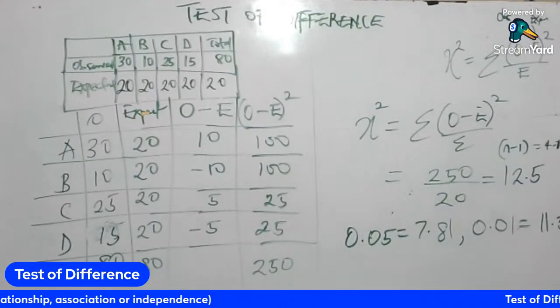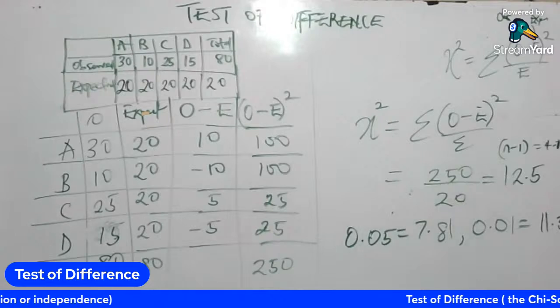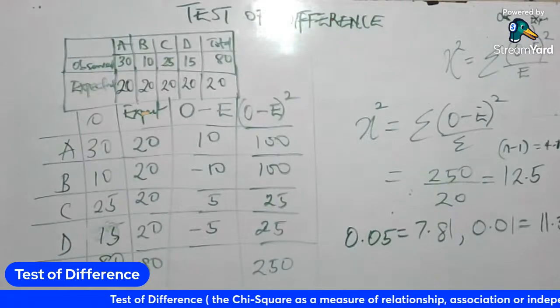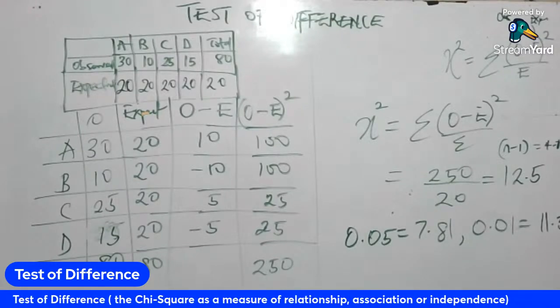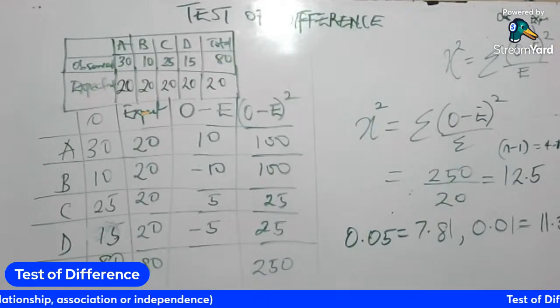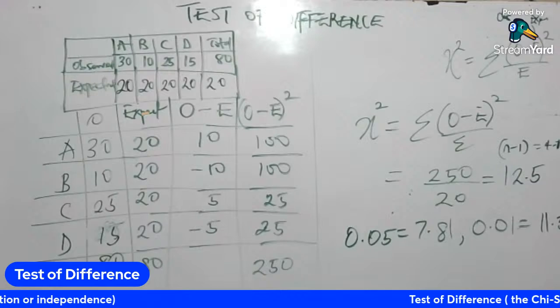Once the calculated value is greater than any of these critical values, at 0.05 it is 7.81, which means the calculated value is greater than that. For 0.01 it is also greater.